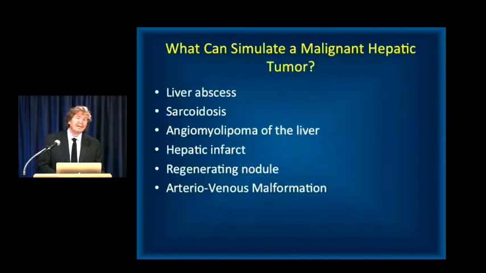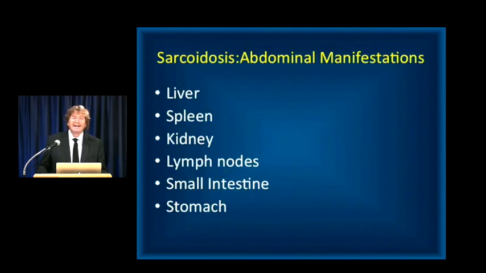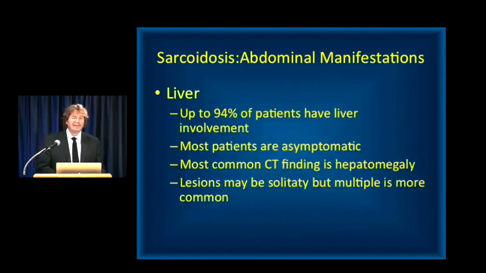Now, I mentioned that abscesses are one of the challenging lesions that can simulate malignant tumors. There are a number of other things that can simulate malignant tumors, and one of them indeed is sarcoid. I like sarcoid because it is one of the great mimickers. We think about sarcoid as mediastinal nodes, eggshell calcifications, parenchymal lung disease and scarring and retraction, but almost any organ can be involved.